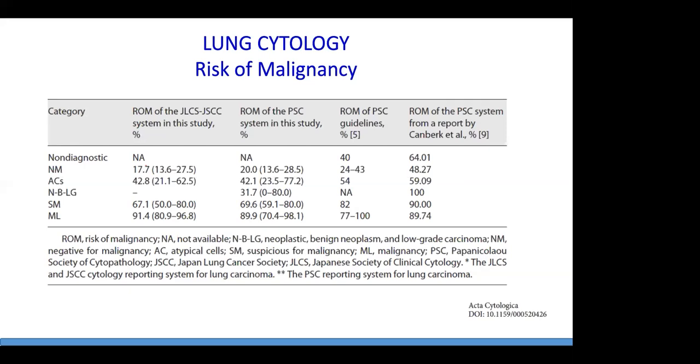And look, there are very few papers because the nomenclatures are new. We need more and more papers providing risk of malignancy for these different categories.